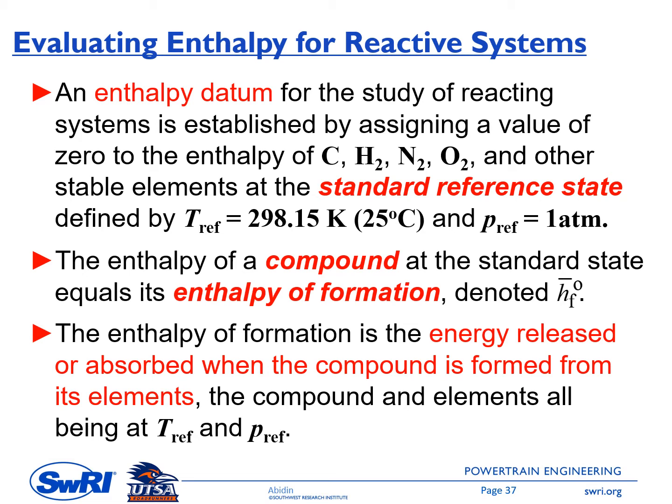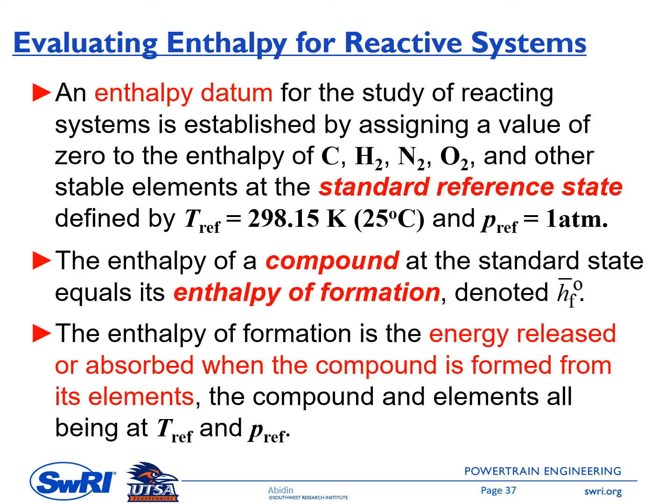And stable element means the form of the species at this reference condition. For example, oxygen will be in the form of O2, not O. Therefore the enthalpy of O2 at the reference state equals 0, but the enthalpy of single O won't be 0, because once again single O is not a stable element at the reference state.